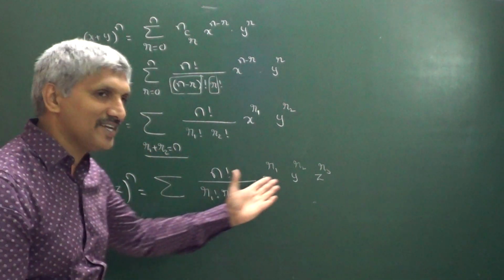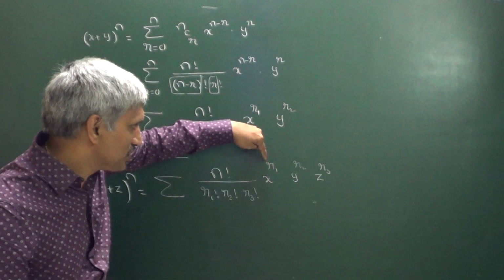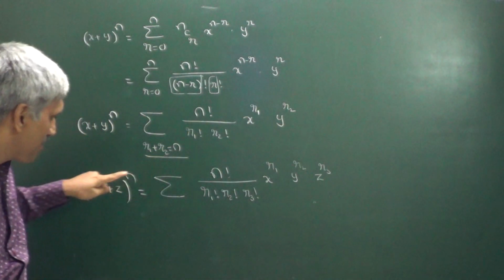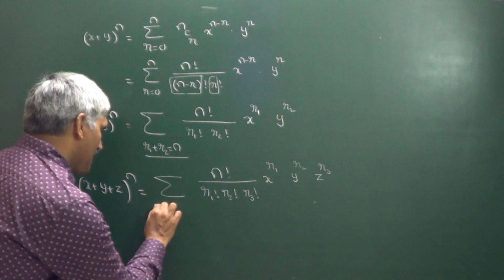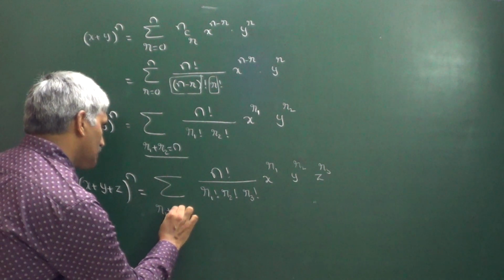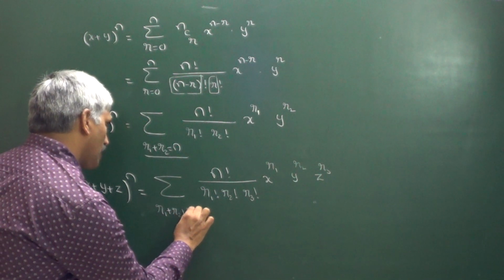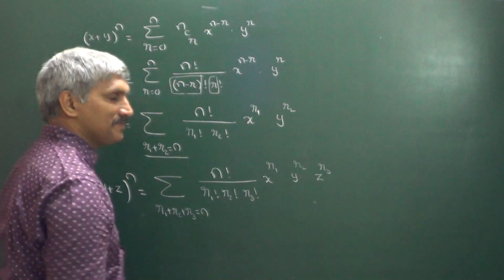We have to expand this summation in such a way that the sum of the powers must be equal to n, that is r1 + r2 + r3 = n.